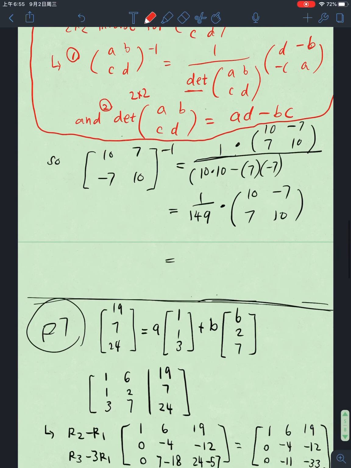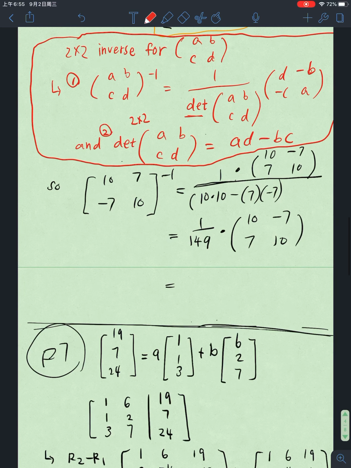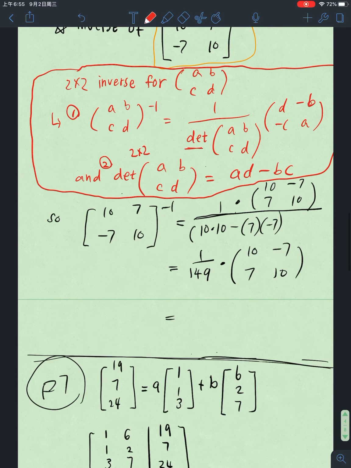So here, the inverse for 10, 7, -3, and 10, we just apply the rule. This is 1 over the determinant AD minus BC, so it will be 10 times 10 minus 7 times -7, then times D, -B, -C, A, so it's going to be 10, -7, 7, and 10.